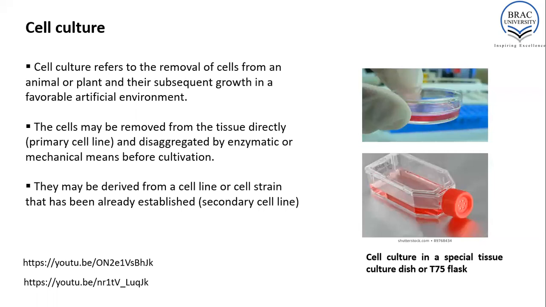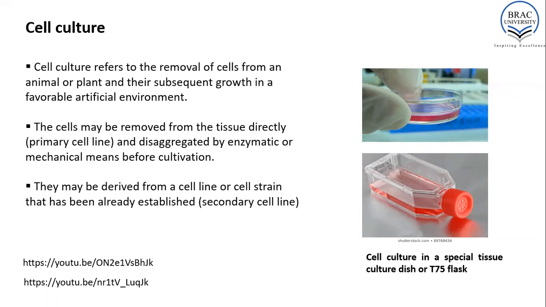The culture conditions vary widely for each cell type, but the artificial environment where the cells are cultivated is more or less similar. It consists of a suitable vessel containing a substrate or medium that supplies the essential nutrients for the cell, such as amino acids, carbohydrates, vitamins, and minerals.